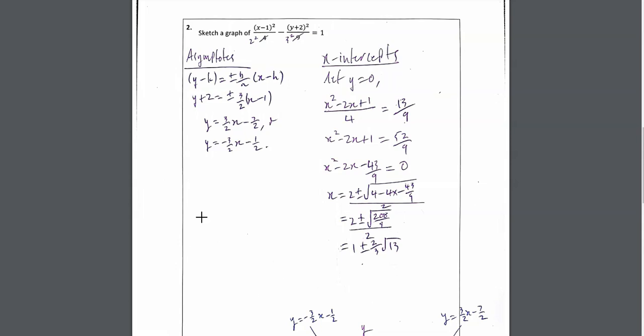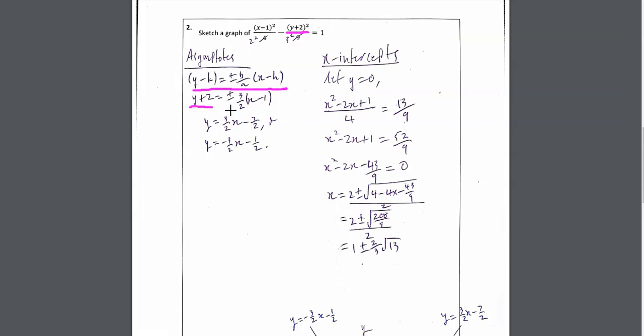Okay, so first thing we're going to do is find the equations of our asymptotes, and that is the equation that we're going to use, the general equation. So y minus k is simply whatever you have in brackets without the squared symbol here. So that's y plus 2.